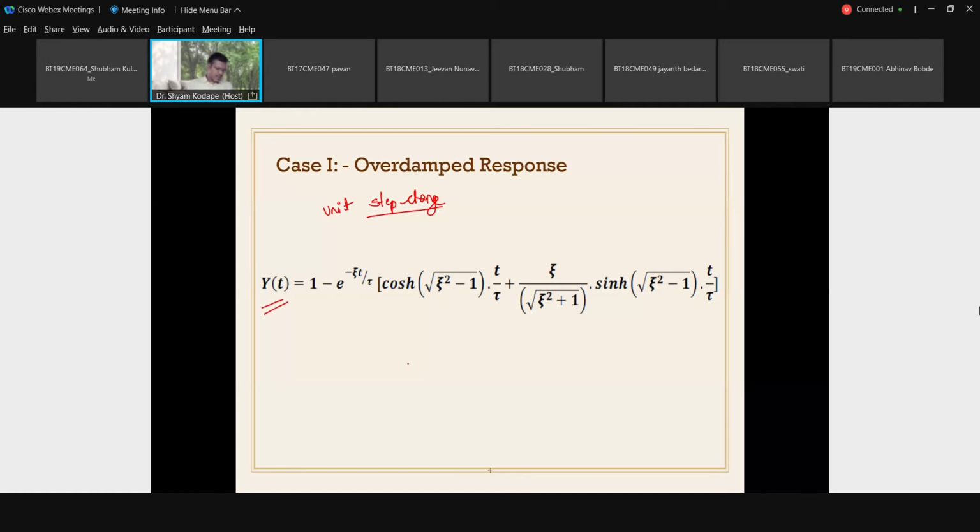Its nature will be from 0 to 1, for the unit step change.